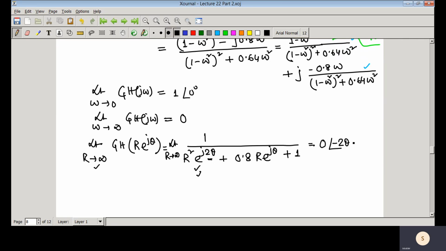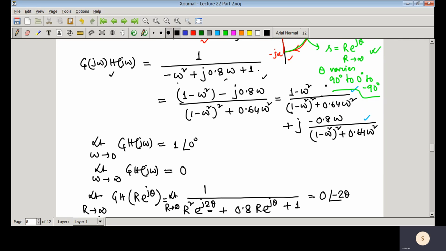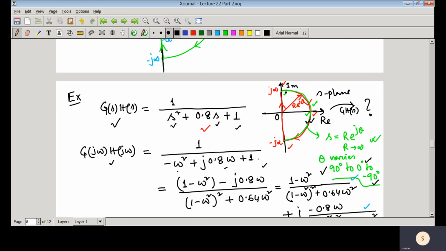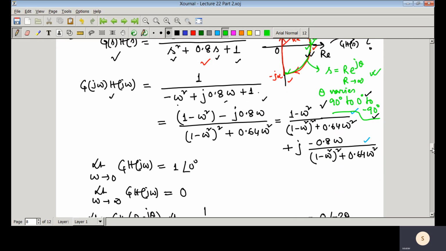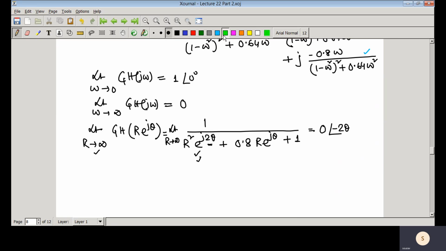Now we can see that theta is varying from plus 90 to 0 to minus 90. The reason is the contour is coming like this, and the arrowhead is like this. So this is plus 90, then this is 0, and this is minus 90. If theta is varying like that, then what would be this variation?